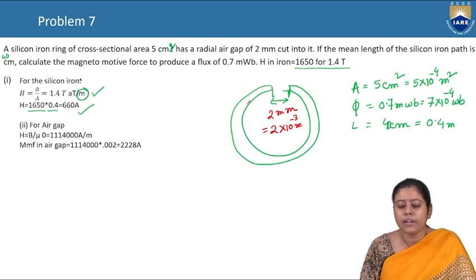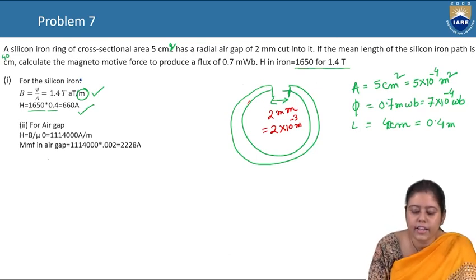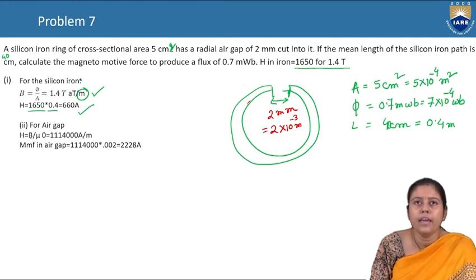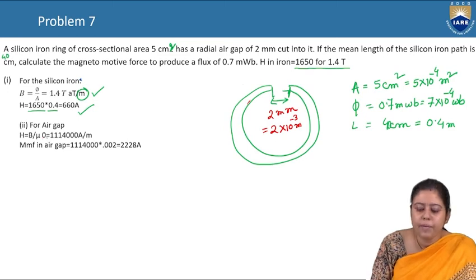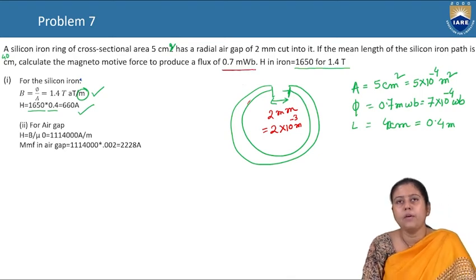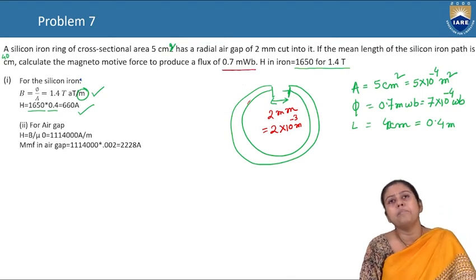So how to calculate the total H? H is equal to B by mu naught. We know the B value, which is 1.4 Tesla. What is the value of mu naught?